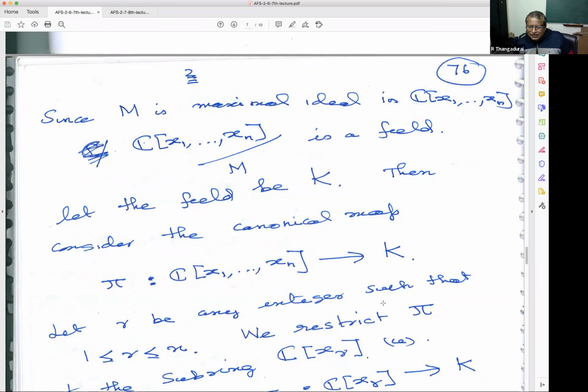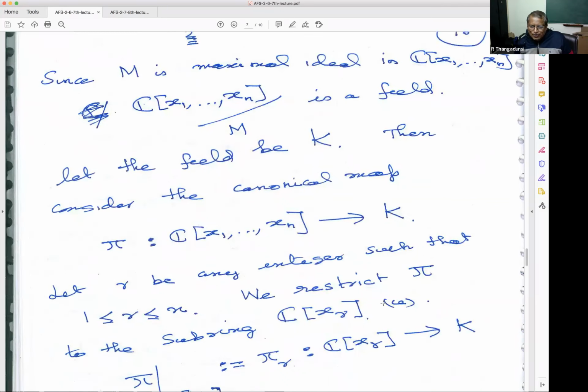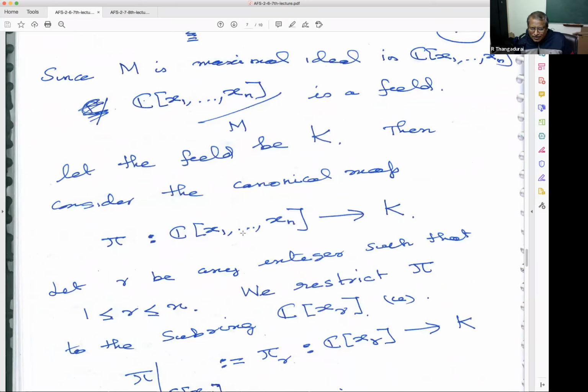Then I'm going to look at the variable xr and the polynomial ring in one variable xr. Since this one-variable polynomial ring is also a subring of the n-variable polynomial ring, we can restrict this canonical map to that particular subring. Just a restriction map.